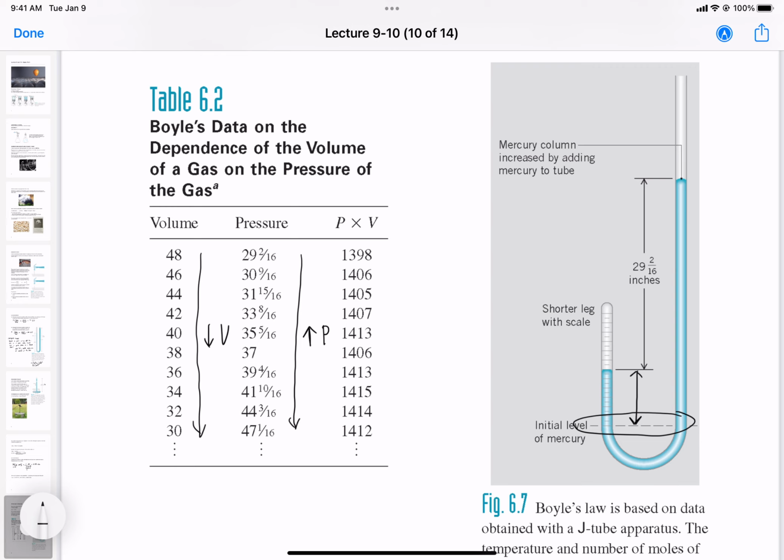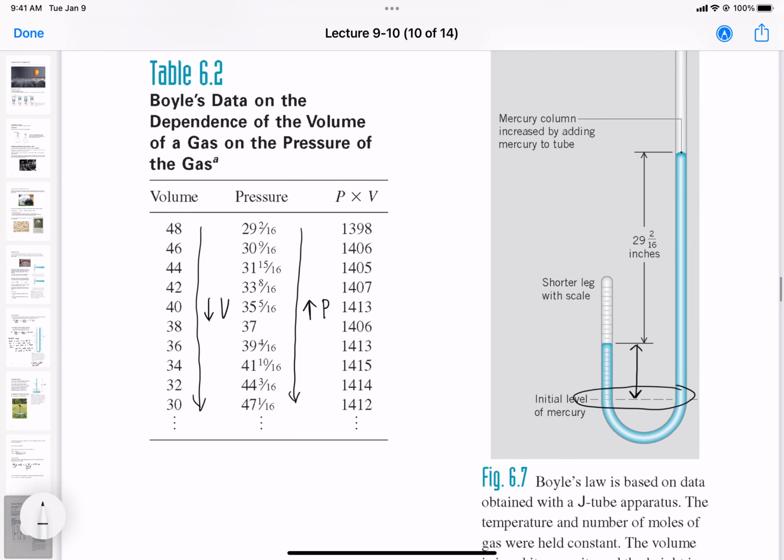We see the product of pressure times volume is roughly the same, give or take a few values up and down. So the product is essentially constant. It's not changing much at all.